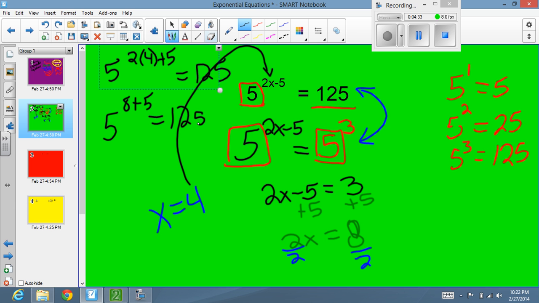No, I made a mistake here because that's not going to check out right. This is why we check our answer. Because 5 to the 13th power is not 125. But the mistake I made is that this is a minus. And of course I did that on purpose just to show you why checking your answer is a good idea.